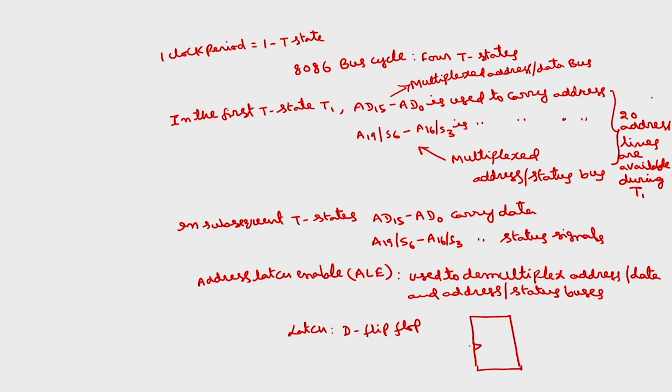If this is negative edge triggered or positive edge triggered, I assume that this is negative edge; this bubble represents negative edge triggered. This is clock, this is D, this is Q and Q bar. As I discussed in the last class also, there are total 4 portions of the clock.